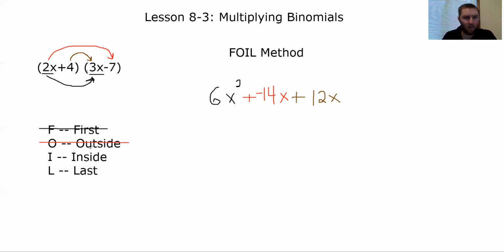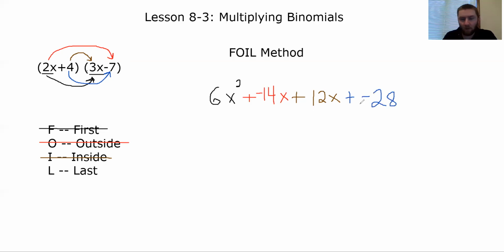Just, again, a different way of thinking about it. So I've multiplied the inside, and now I'm going to multiply the last two pieces. Okay, the last two pieces are the 4, the last piece of this first binomial, multiplied by the last piece of that binomial, 4 times a negative 7. I'm going to add that on here. It's going to be a negative 28.